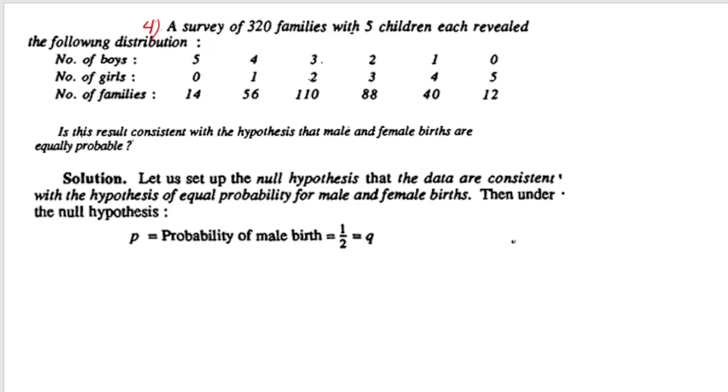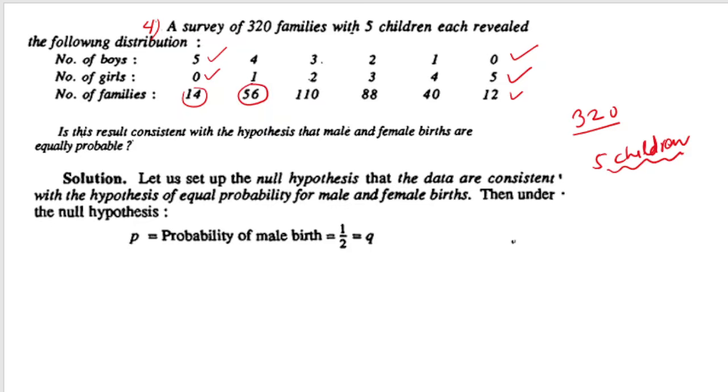So, a survey of 320 families with 5 children each. We are doing the survey among 320 families, and each of these families has 5 children, right? They are producing a lot of children, and that is why the population is growing. So how are we noting the data? This row shows the number of boys, this row shows the number of girls, and this row shows the number of families. So we have 14 families which have 5 boys and 0 girls.